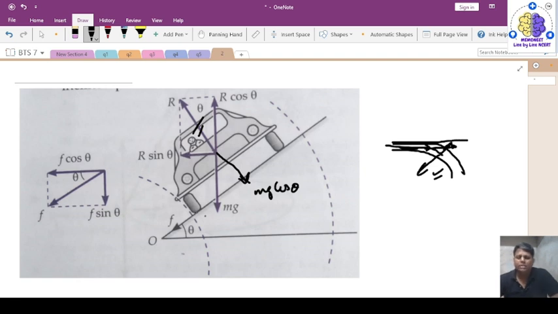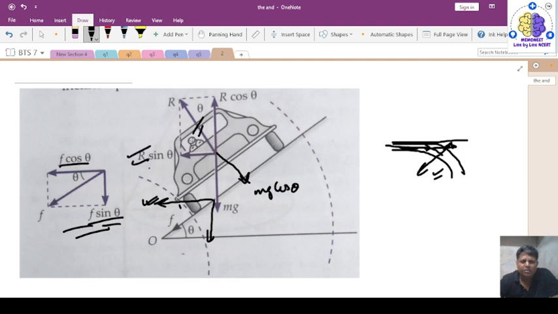Right? Now this frictional force which is acting as a centripetal force, how will it act as a centripetal force? Because if we resolve this F into components like this and like this, which have been drawn here, right? This force will be F cos theta and this vertical force will be F sin theta, right? From here we can say that this F cos theta and R sin theta both are acting as a centripetal force.